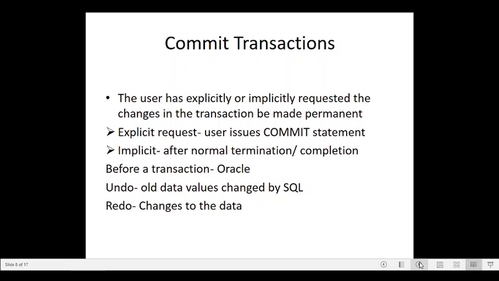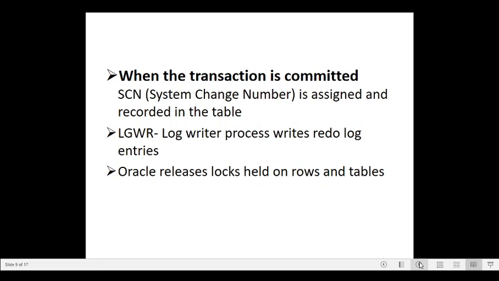When we talk about rollback of a transaction, there are different types of rollback: statement level rollback, rollback to a savepoint, rollback to the user request, rollback due to abnormal process, and rollback of an incomplete transaction.